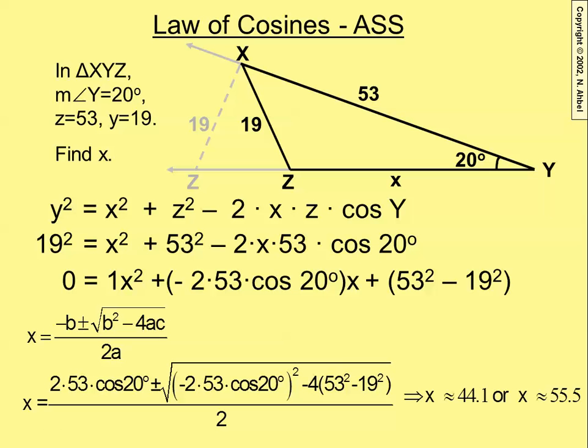And if you evaluate, you get two values for small x that we're trying to find, the length of this side. 44.1 is the short side with this triangle, and then you can move to the other triangle, the larger triangle, which would give x a side of approximately 55.5. Again, this is what it's equal to, and these are the approximations.